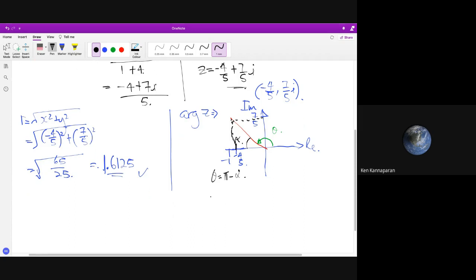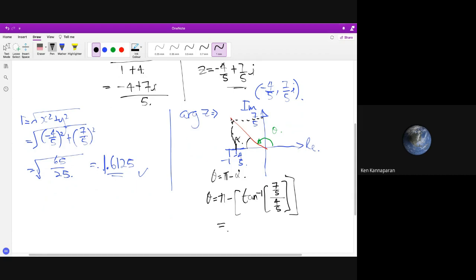So let's find theta. Theta equals pi minus arctangent of y over x, right? Yeah, 7 over 5 divided by 4 over 5.